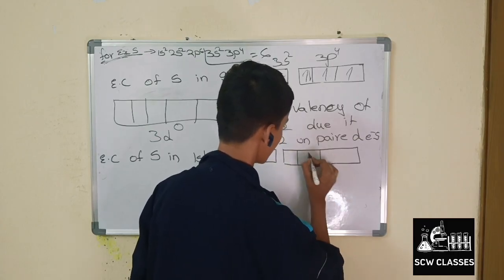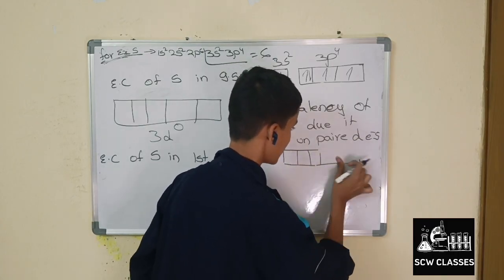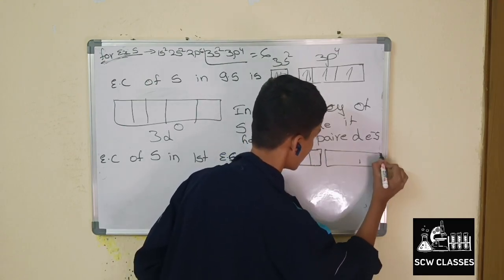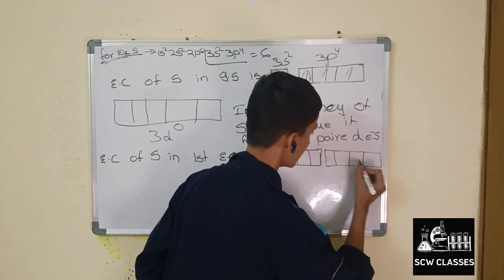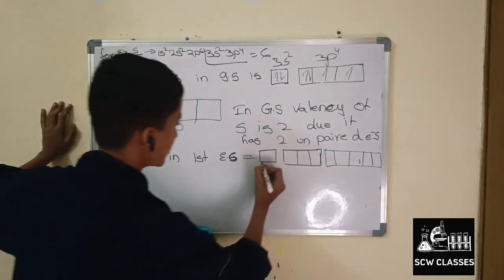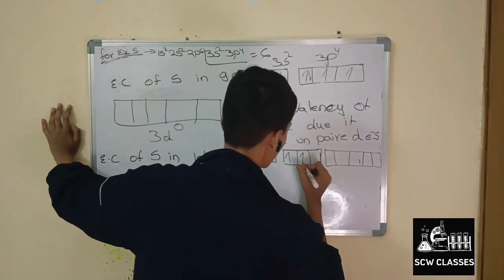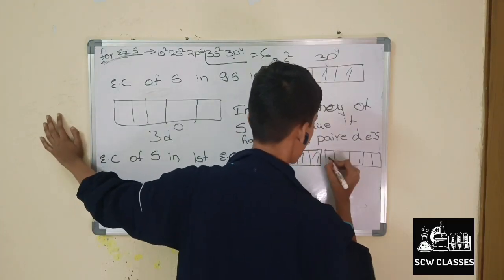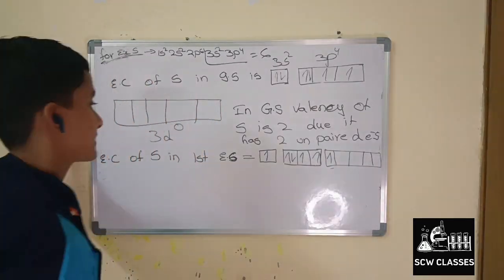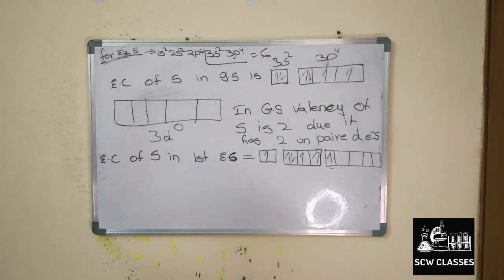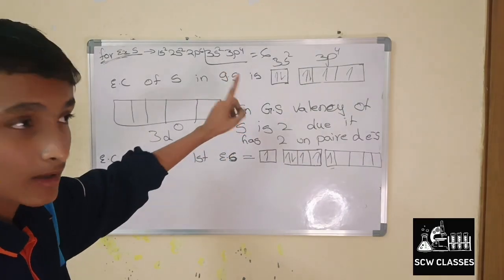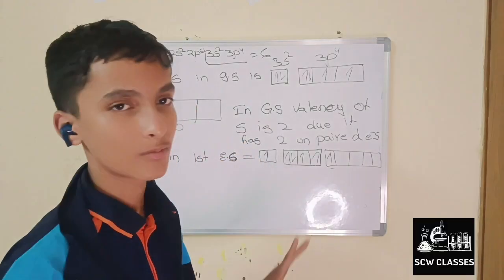Listen. Are you wondering how one electron came into the 3d orbital? We transport one electron from the s orbital to the d orbital.